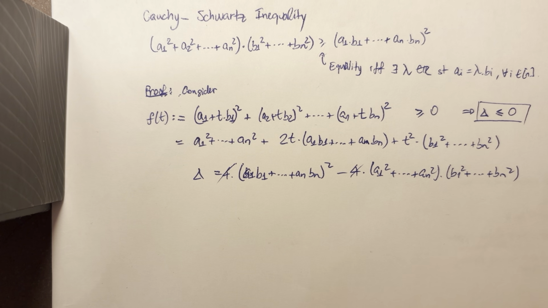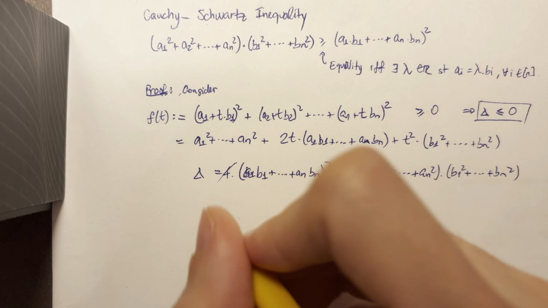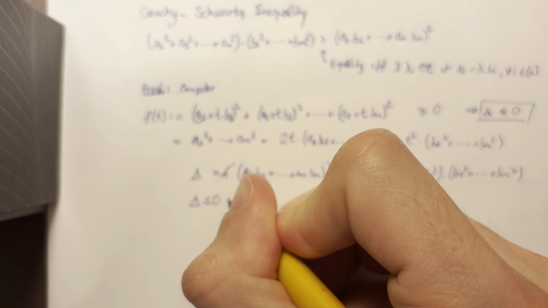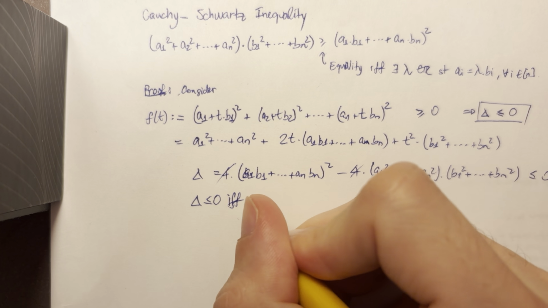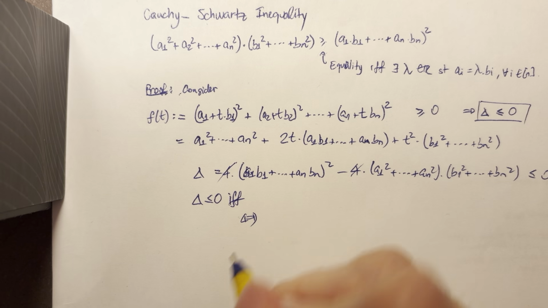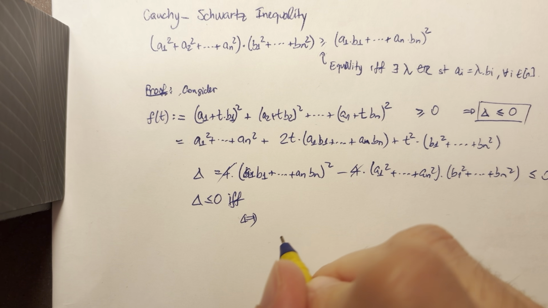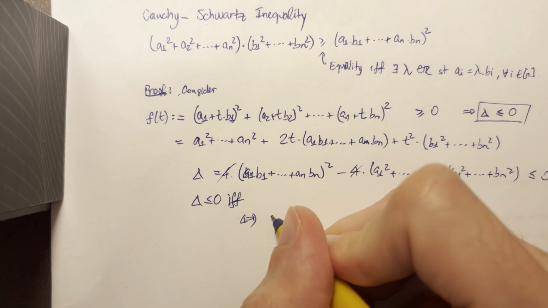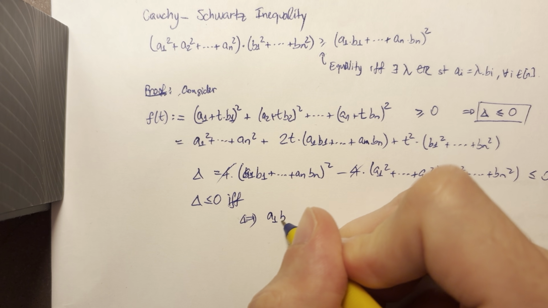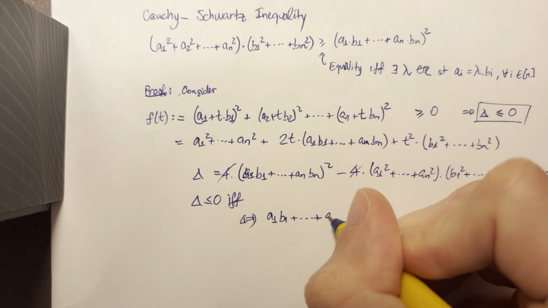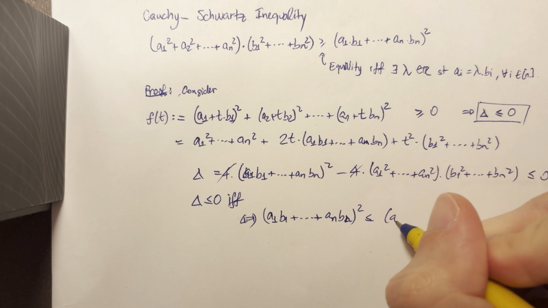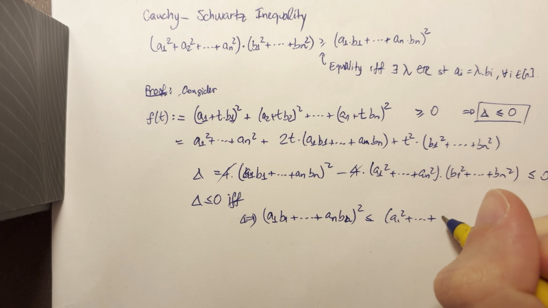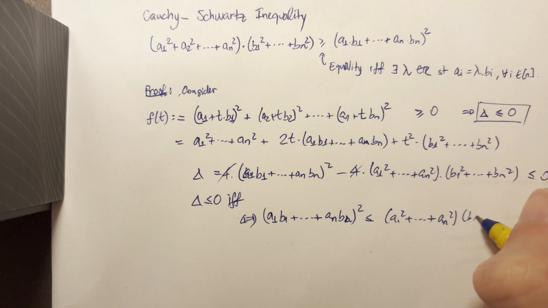We can factor them out, and what we'll get is that delta is less than or equal to 0 if and only if the square of the sum of the products is less than or equal to the product of the sums of the squares.